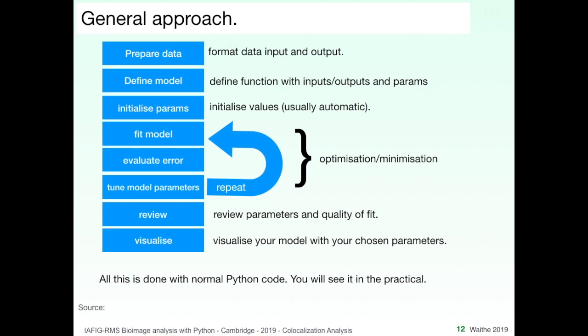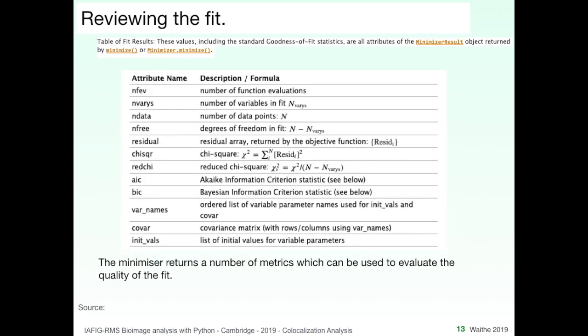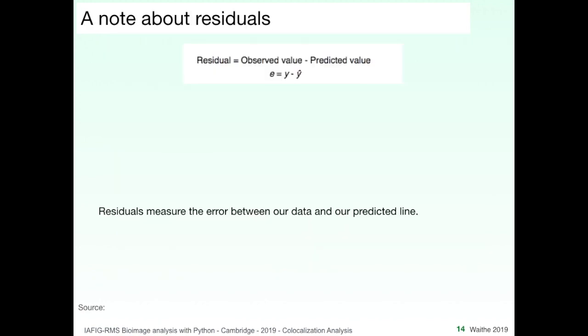So when you're reviewing the fit, you have the potential to look at a lot of parameters. I'm not going to go through all of them, but I do want to point out residuals and also chi-squared. These are good metrics for assessing how well the algorithm is fitting. You want to minimize your chi-squared, and your residuals represent the difference between your observed values minus the predicted values of your model.